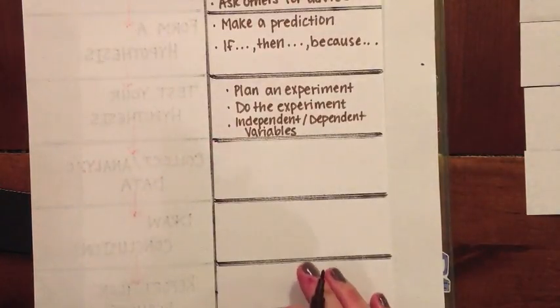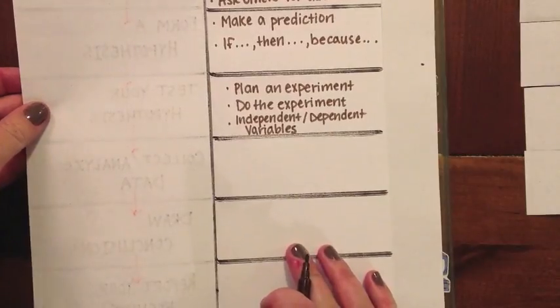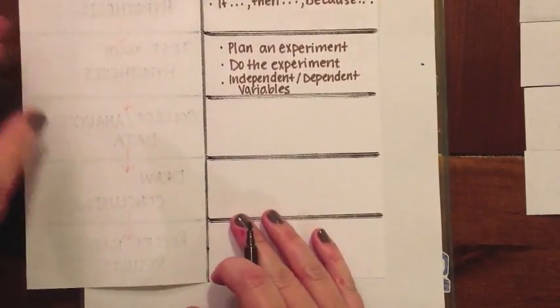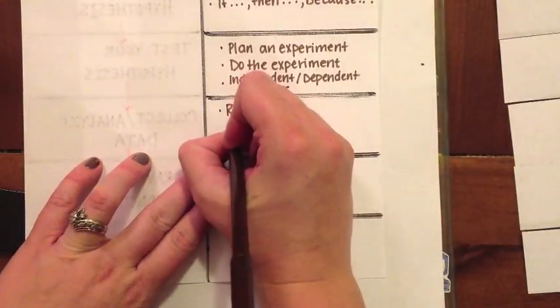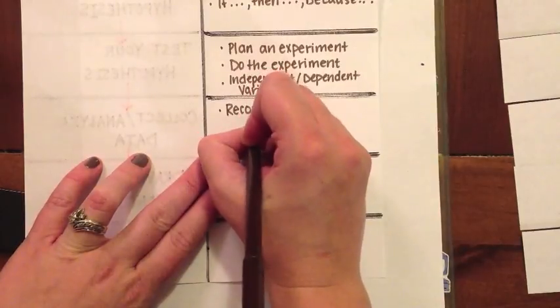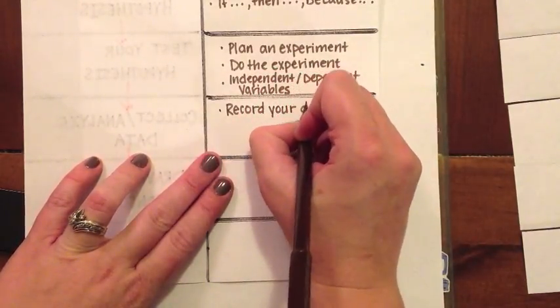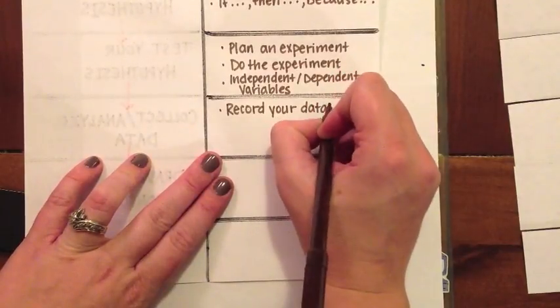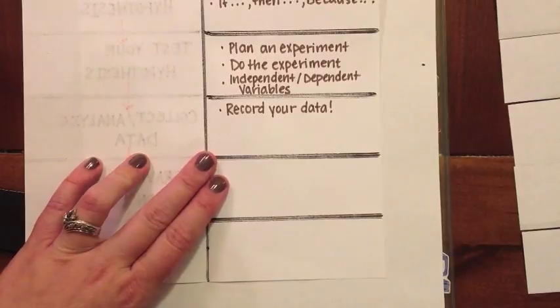That's testing your hypothesis. When conducting your experiment, you collect and analyze your data. You need to record your data. Your data is not any good unless you record it.